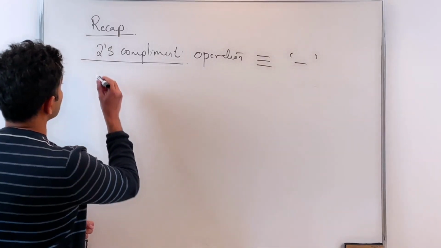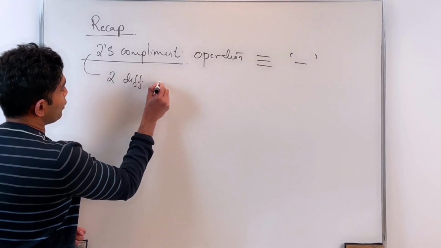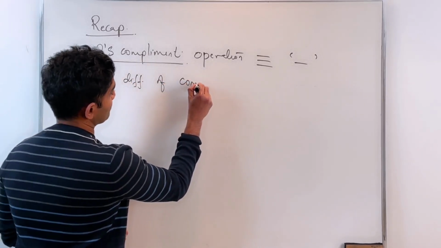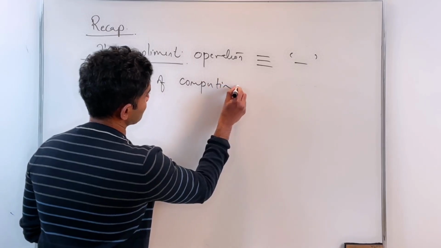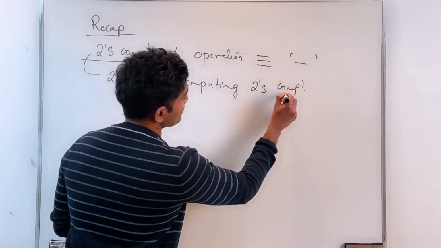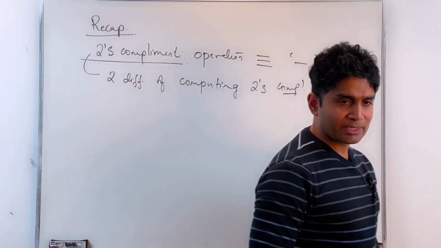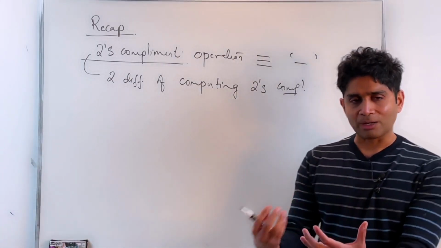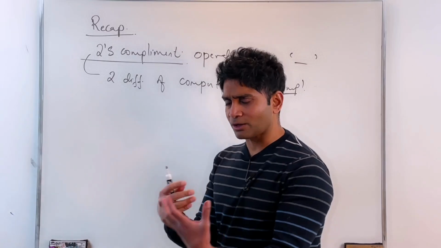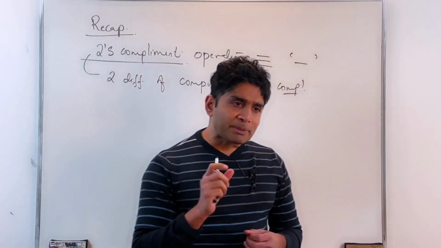In the last class, we also looked at two different ways of computing the two's complement of a given number. One way is to take the ones complement of a given binary number. How do I get the ones complement of a binary number? It's as simple as flipping the bits.